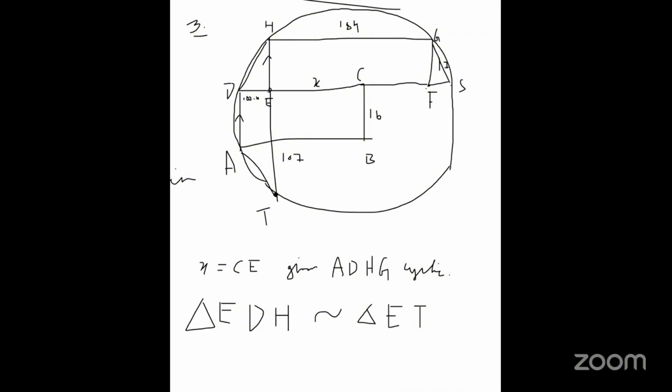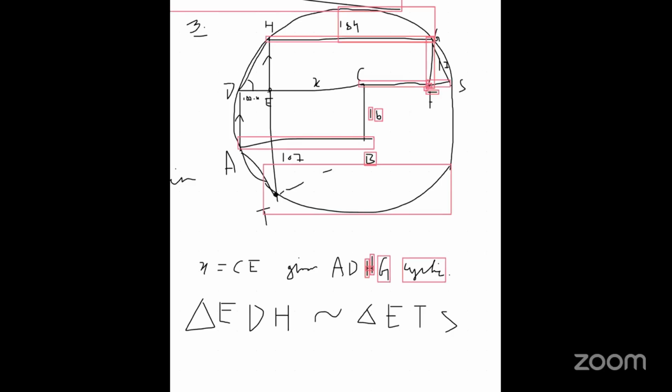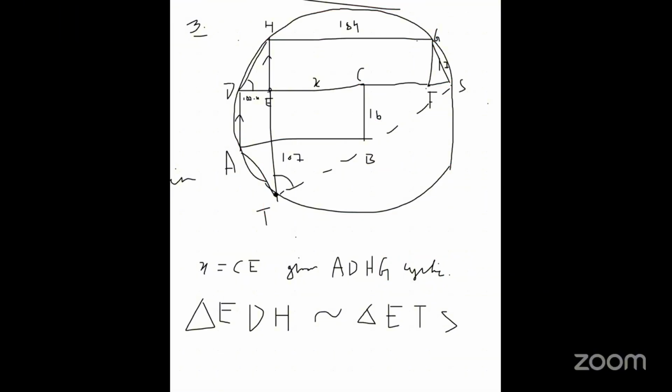Because this angle over here, I'll just draw a dotted line, is equal to this angle over here, and this 90-degree angle is common, so the third angle is also equal.